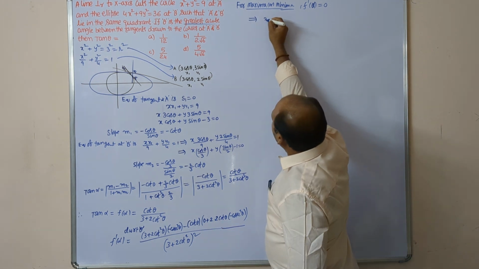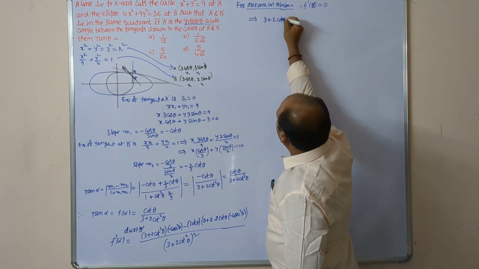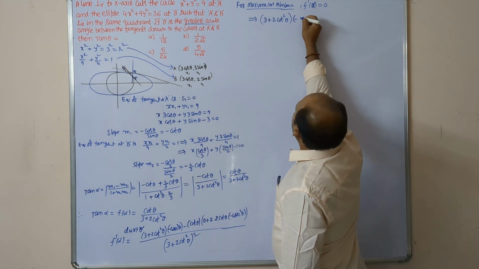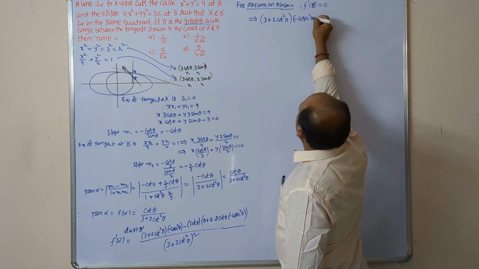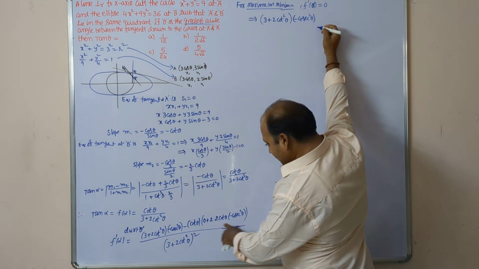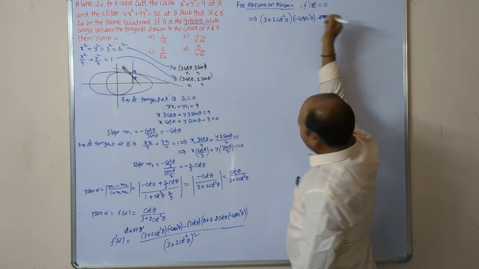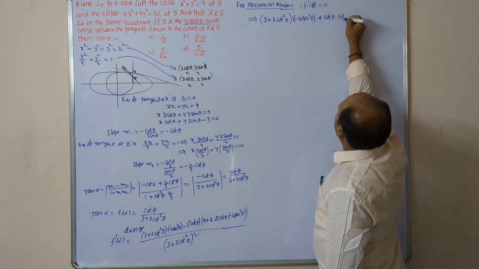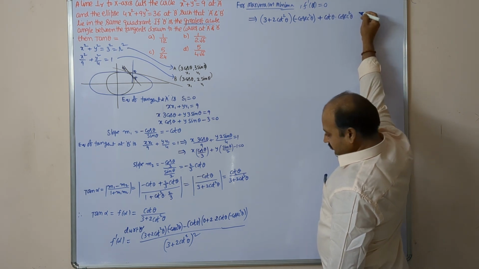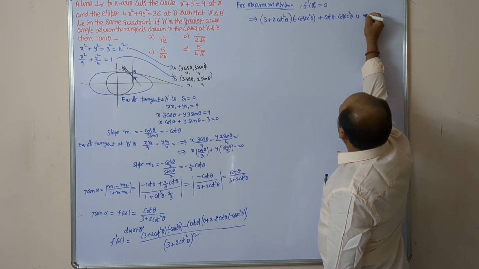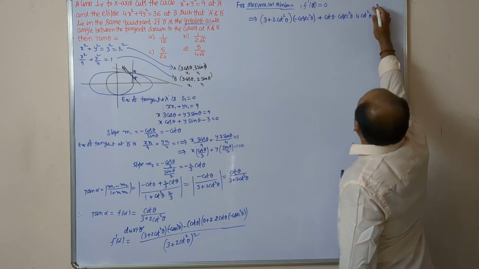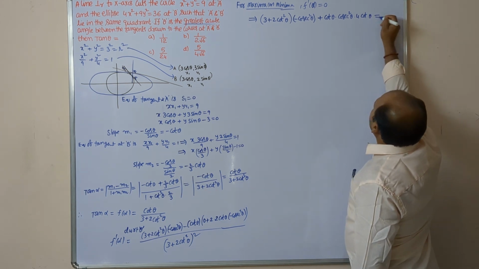So 3 plus 2 cot square theta into minus cosecant square theta, minus into minus plus cot theta into cosecant square theta into 4 cot theta is equal to 0.